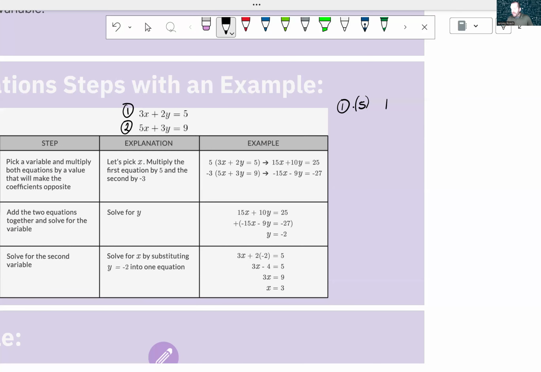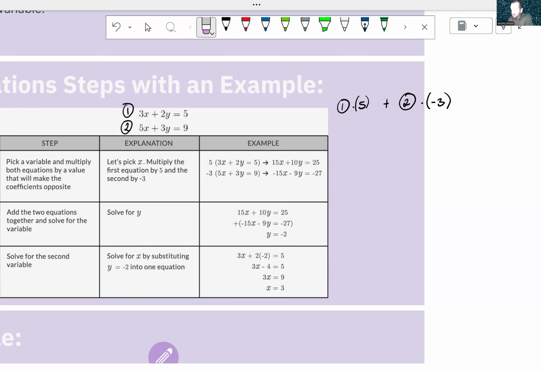So we're going to add equation 2 times negative 3. Let's write all this out now. So 5 times everything on the left and 5 times everything on the right. For equation 1, it's going to be 3x.